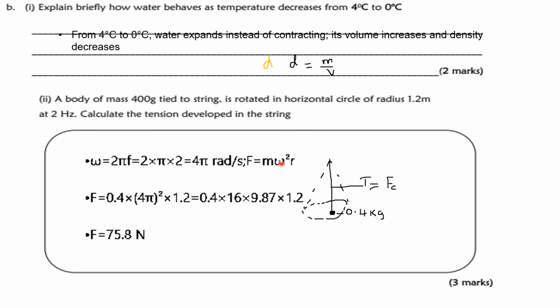So we know m is 0.4 kgs. Angular velocity is what we just calculated here. And the radius is 1.2. So multiplying through shall give us centripetal force of 75.8 newtons. And that's equal to our tension.